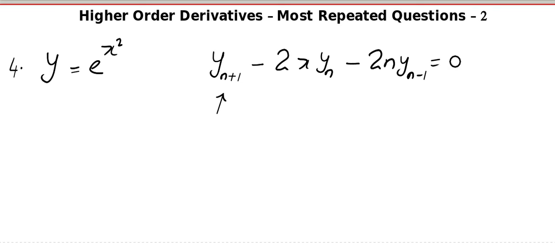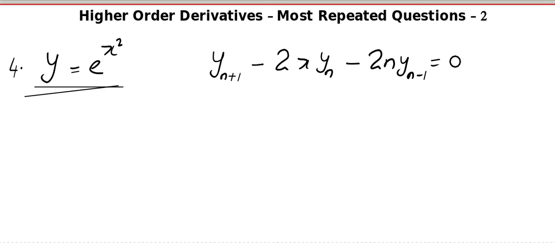Okay, I can see that by inspection they found y1 and then they differentiated it n times. So shall we start? So once more I'll tell you, the hint is, I can see very clearly they found y1, the first derivative, and then they applied Leibniz theorem and differentiated it n number of times. Let's give it a try.